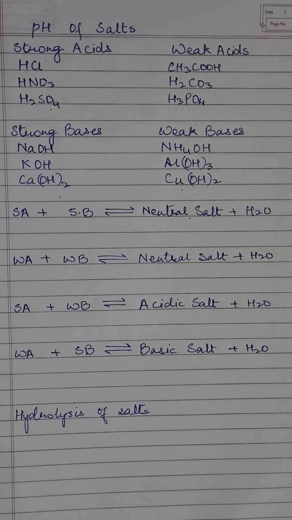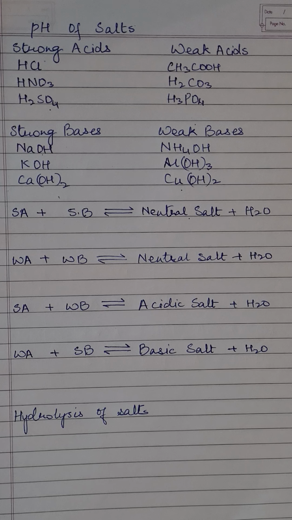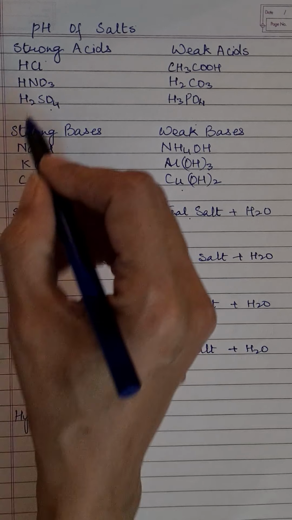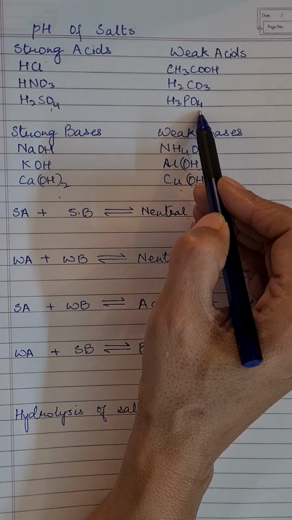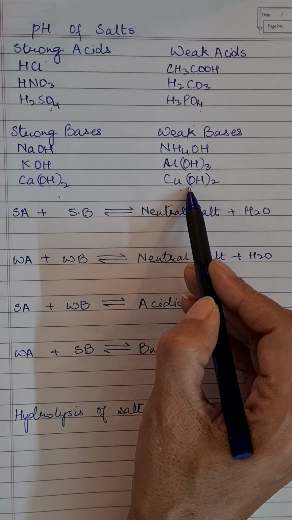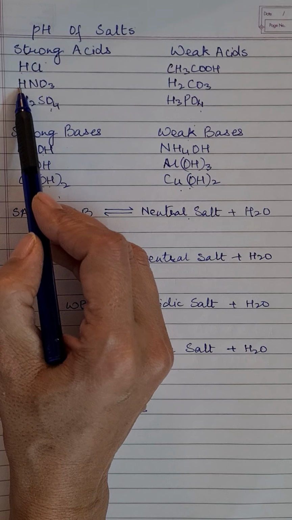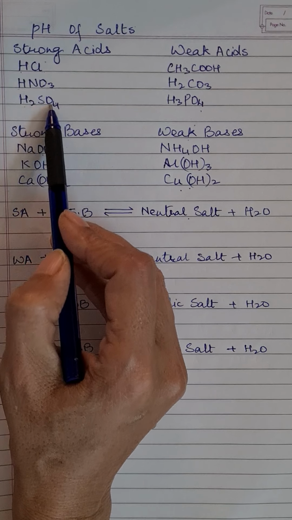Let's come to our next topic, pH of salts. For this, I have written down for you certain examples of strong acids and weak acids, strong bases and weak bases. The strong acids here are HCl or hydrochloric acid, nitric acid and sulfuric acid.